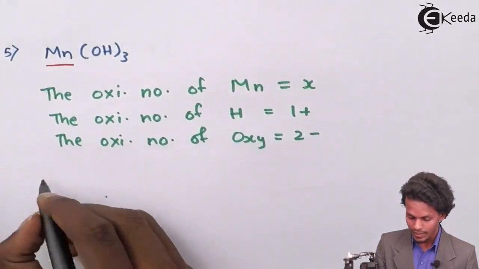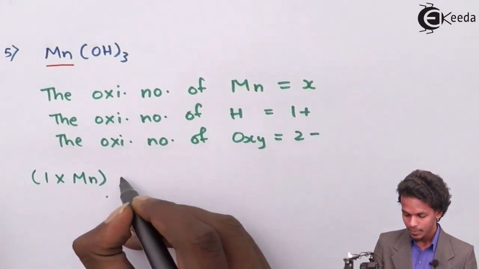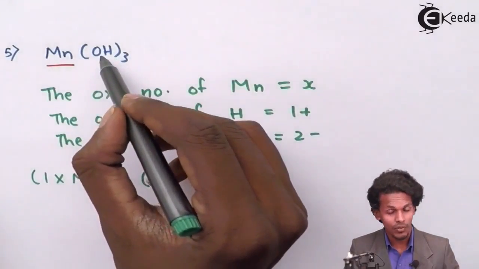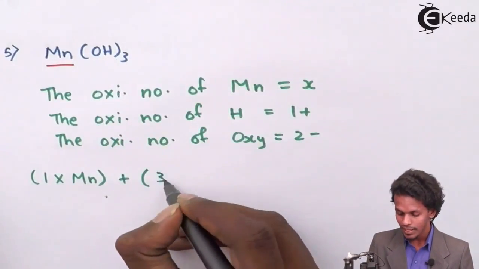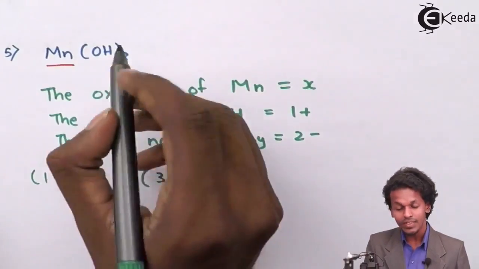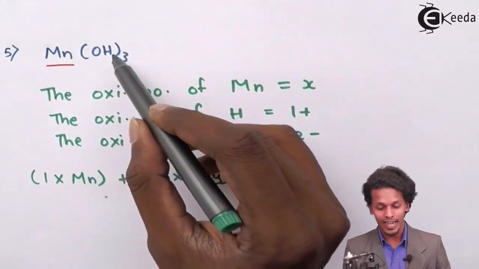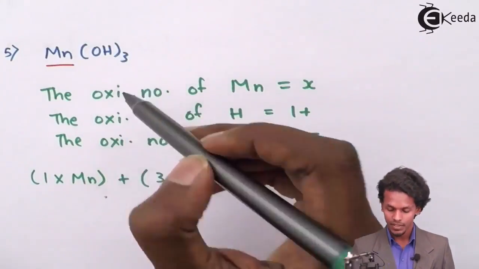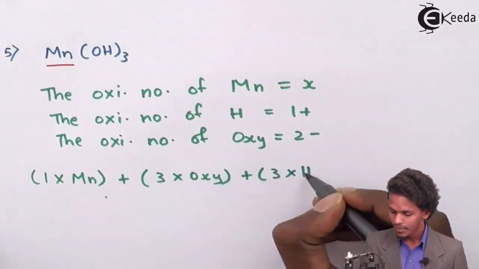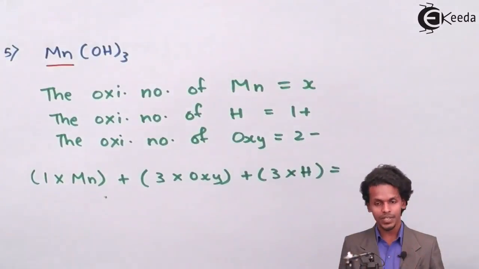So eventually I could write it as 1 into manganese plus 3 into oxy, as well as 3 into hydrogen, as there are 3 hydrogen atoms and 3 oxygen atoms in the molecule, and the overall charge is 0. That is, the overall oxidation number is 0.